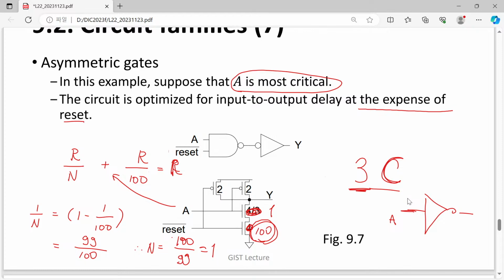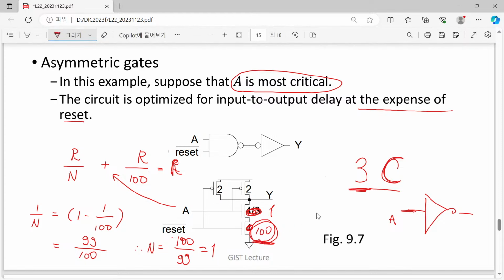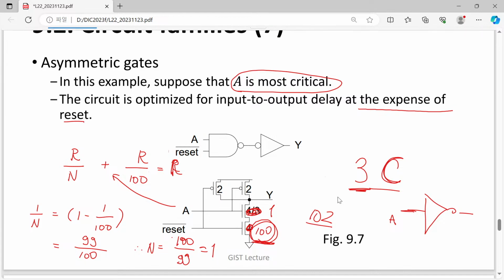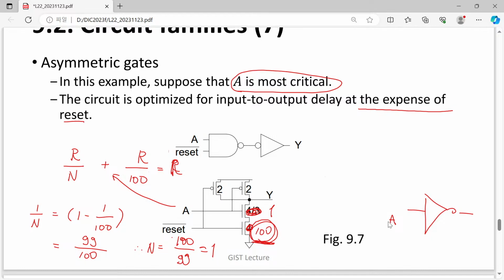But how did we get such an improvement? This improvement was only obtained at the expense of this reset. So in terms of this reset, what will be the capacitance? It will be almost 102. This is too severe to be borne by this system.